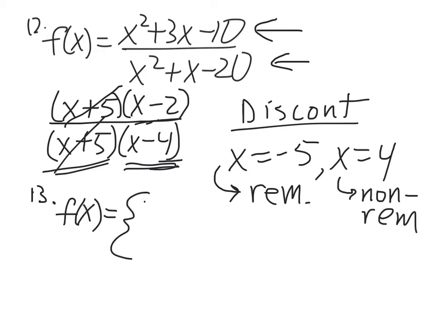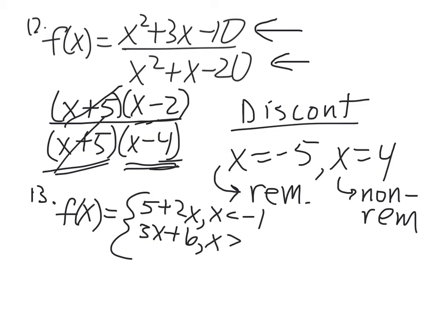In number 13, we have a somewhat basic piecewise defined function. The function formulas aren't that difficult. They're both linear. But we see 3 different pieces of it.